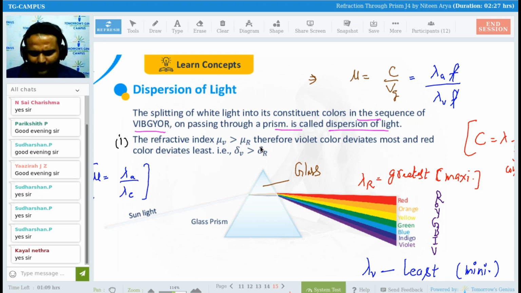So obviously, if violet color deviates more, or red color deviates less, the angle of deviation for violet color is going to be more in general. Got it? And we can see this with white light. Assume it is white sunlight.